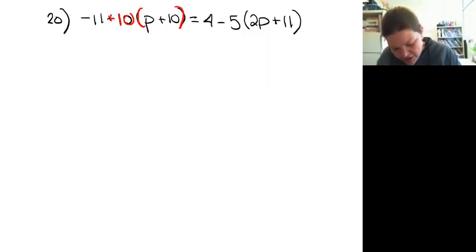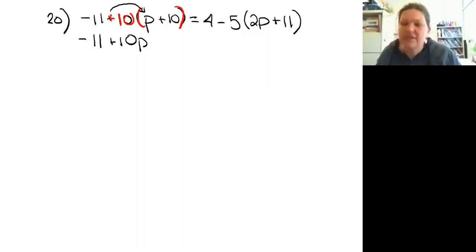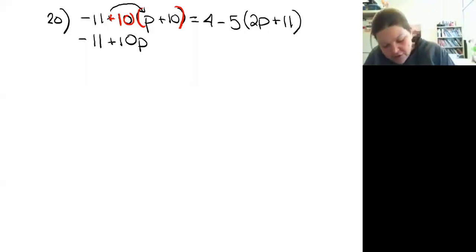I won't touch my negative 11 because it's not in that act of multiplication, but I will multiply positive 10 times p, and so I'll get a plus 10p. Does it make sense that I need that plus in front? Good. And then I'll do my positive 10 times my positive 10. So, of course, it'll still be positive, and 10 times 10 is 100.